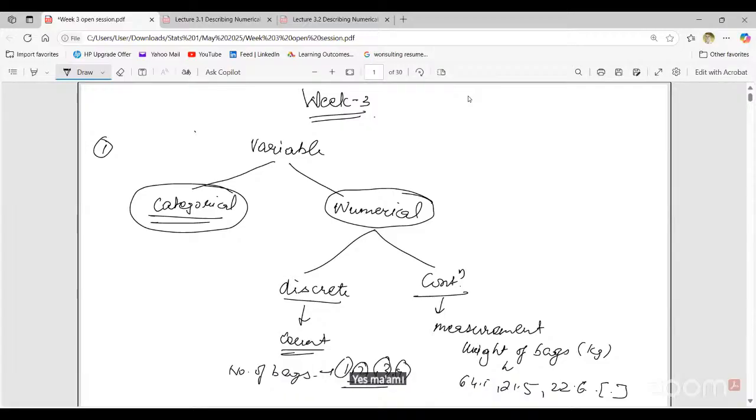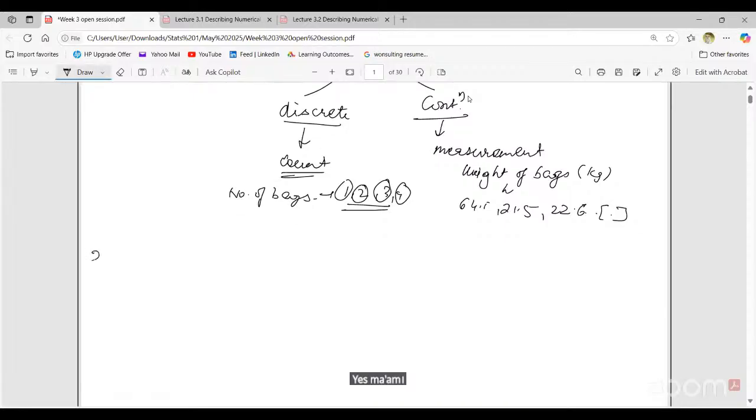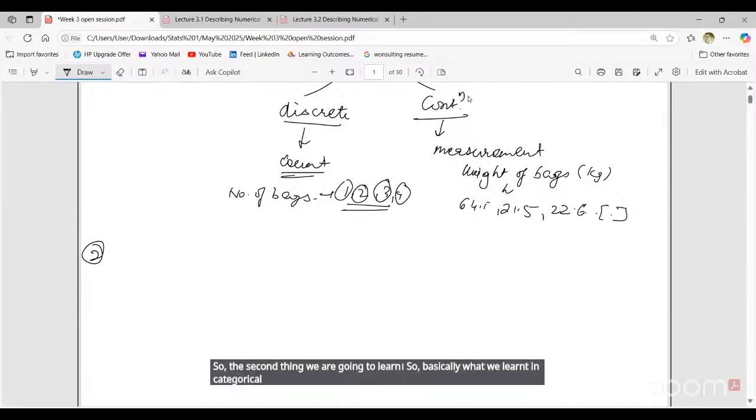Now, in categorical, we describe the data, right? What we learned in categorical, we are going to apply the same in the numerical.